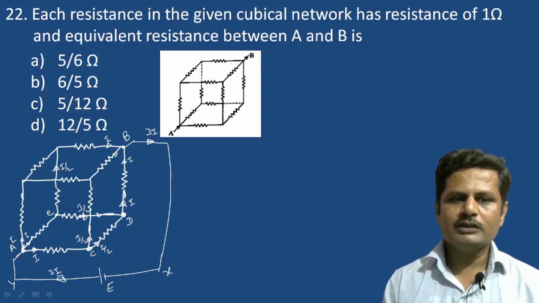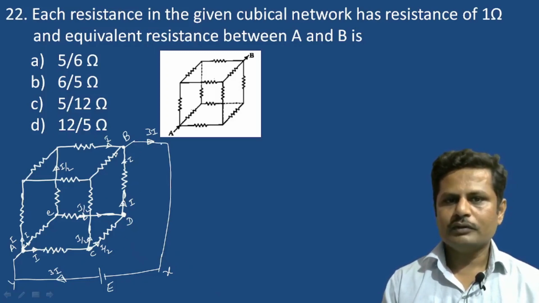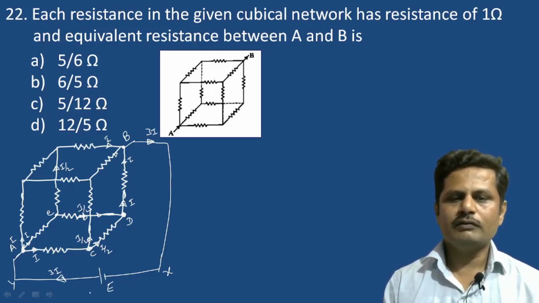Because the same amount of current that flows from A will come back and then end at the negative end of the source.